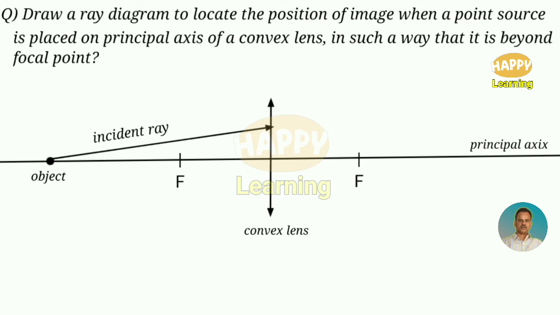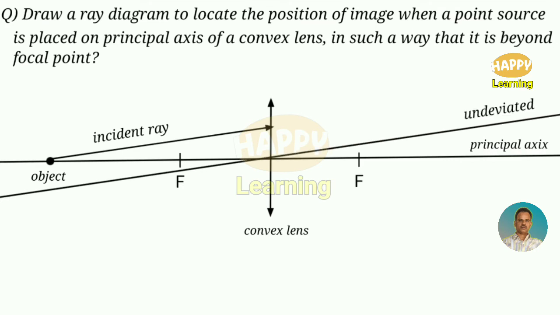So let us draw another ray parallel to this incident ray and also passing through the optic center as shown here. So this ray we have drawn is parallel to the incident ray, that is first ray, and also passing through the optical center. Then we know that two parallel rays intersect at a point that is called as focus.